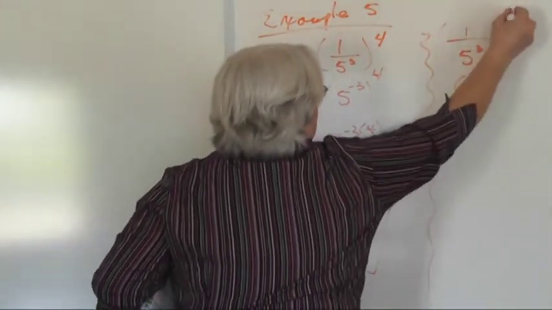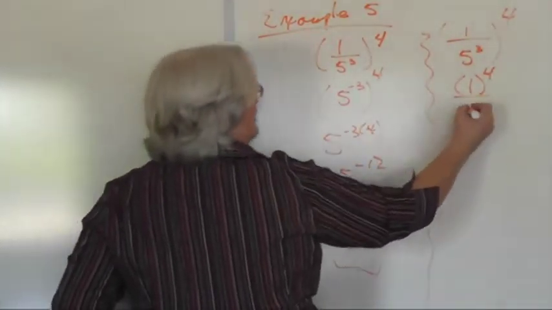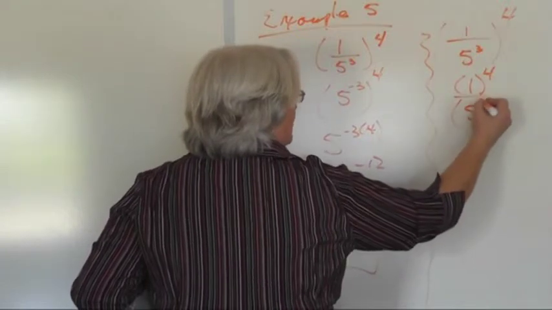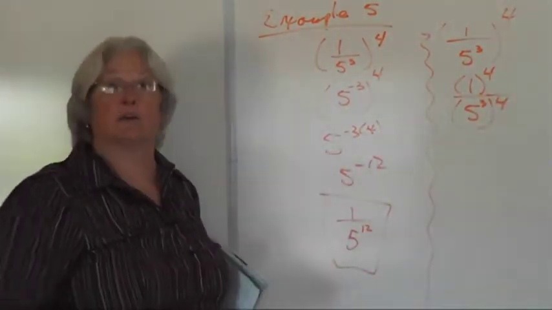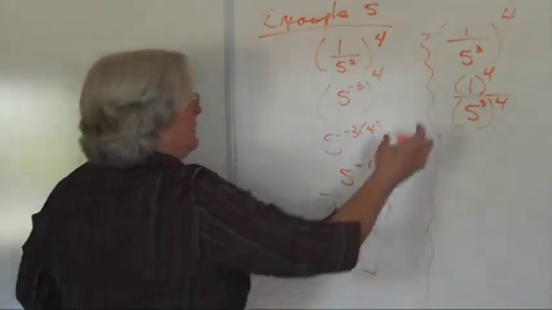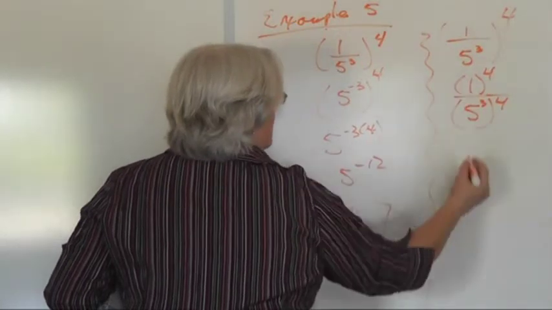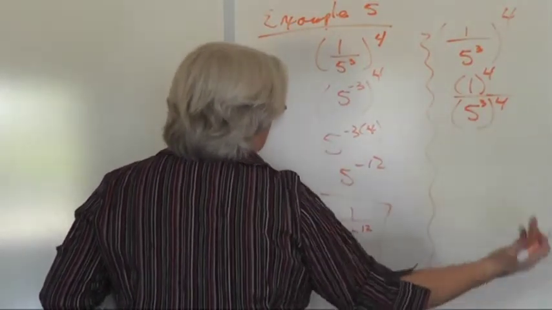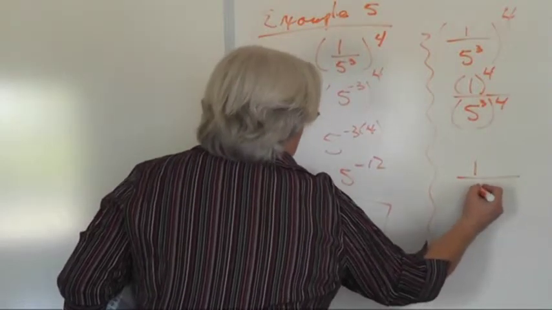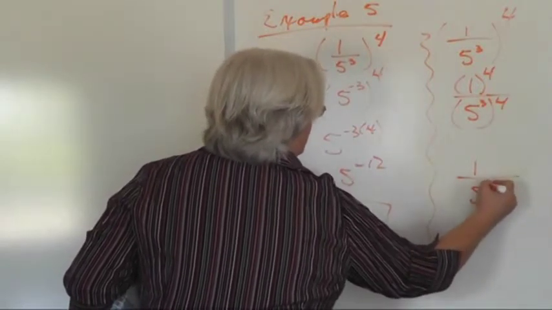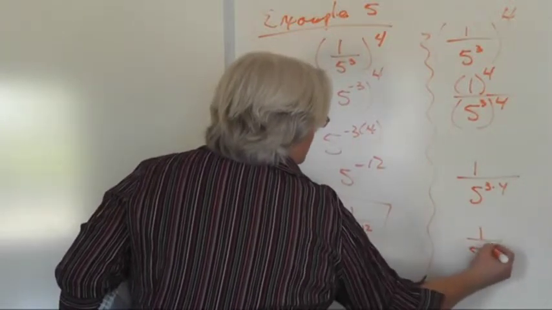Your denominator of 5 cubed is likewise used as a factor 4 times. We use our power rule. 1 to the 4th is 1 times 1 times 1 times 1, which is 1. We have 5 to the 3 times 4, so 1 over 5 to the 12th.